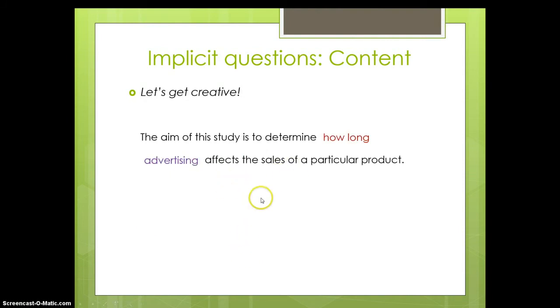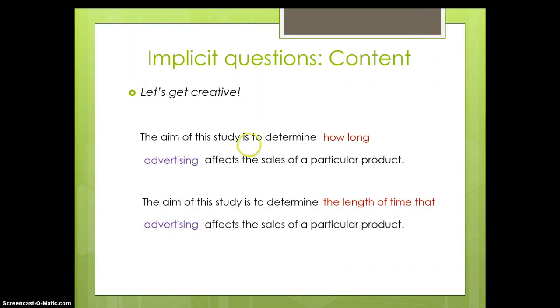How long? The aim of this study is to determine how long advertising affects the sales of a particular product. Actually, this was the first situation where I realized that some academic writing styles did not like to use WH words, because I had people rephrasing this, instead of this perfectly beautiful indirect question that you see on the screen right now, as: the aim of this study is to determine the length of time that advertising affects the sales of a particular product.